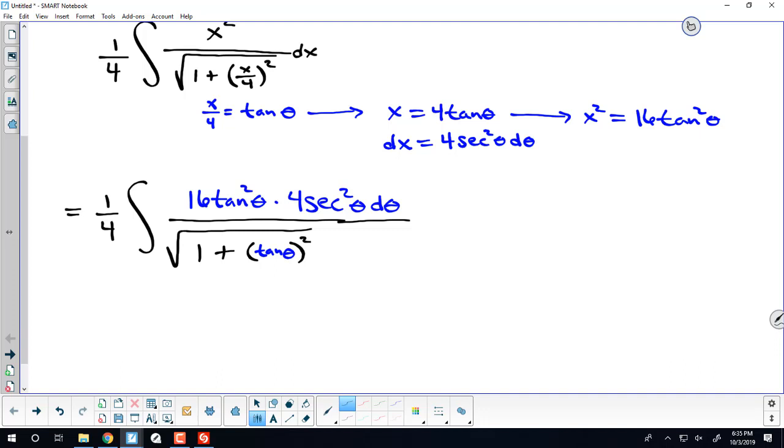Is everybody okay with that? Maybe not if you haven't done the homework, but hopefully you've done some of it. All right, so then we simplify here. The square root of secant squared is just secant. So we have one of those canceling with this one.